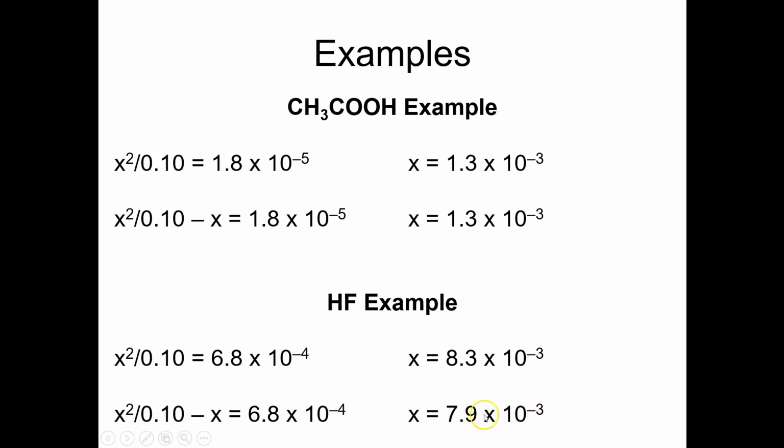So you can see that if dividing the initial concentration by the Ka gives you a number that's less than 400, then there is a significant difference between the values of x that I get from taking the x out and leaving it in.